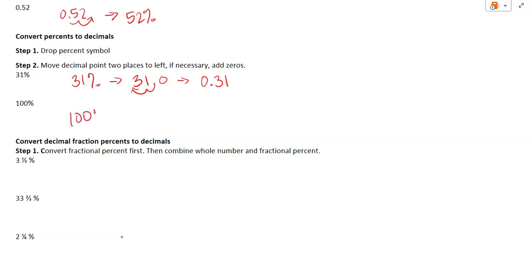When we have something like 100%, I'm going to get rid of my percent symbol, and then I'll move my decimal place 2 over to the left. This gives me a whole number 1, which is equivalent to 100%.